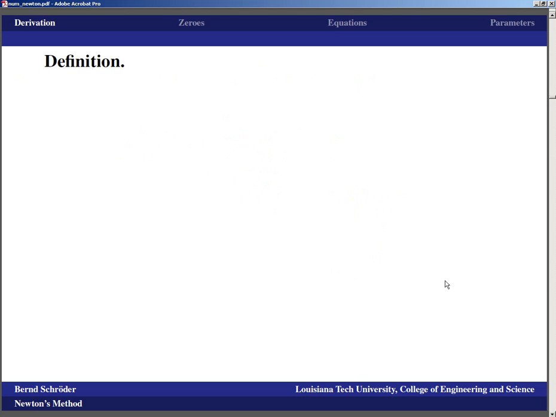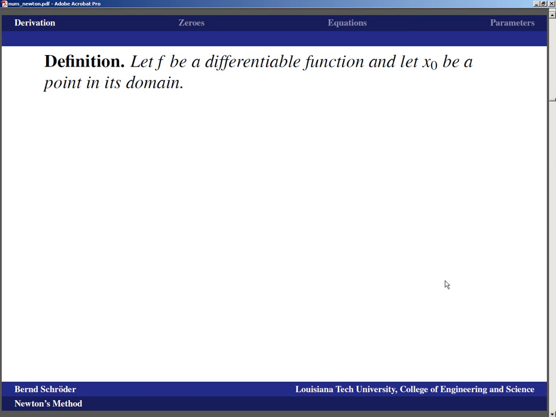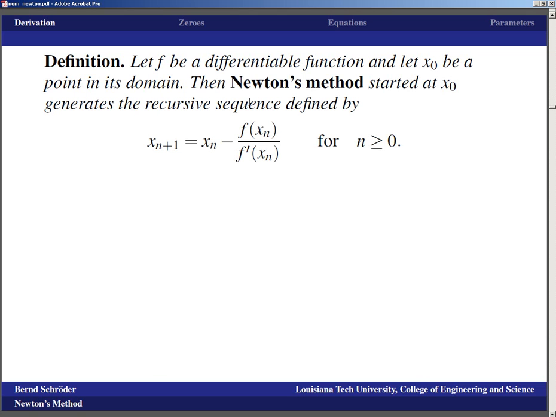And so now the definition of Newton's method is that if we have a differentiable function and x0 is a point in the domain of that differentiable function, then Newton's method, started at x0, generates the recursive sequence that is defined by x_{n+1}, the next point in the recursion, is equal to x_n minus f of x_n divided by f prime of x_n.